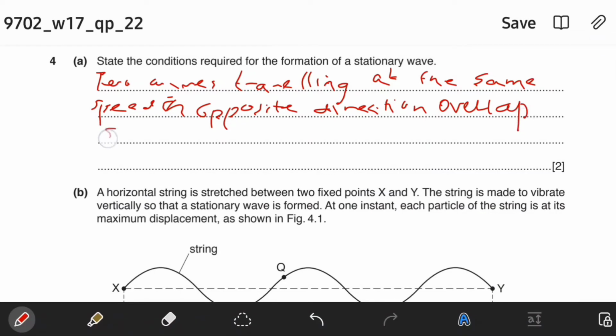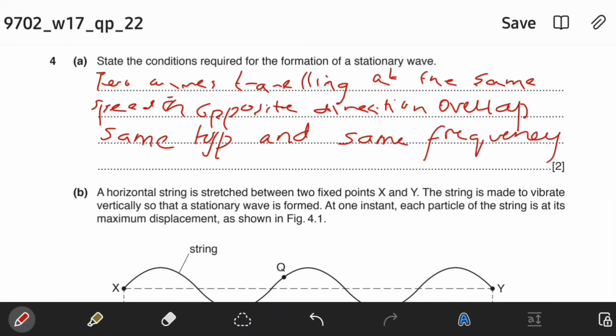These waves should be of the same type and same frequency and wavelength.